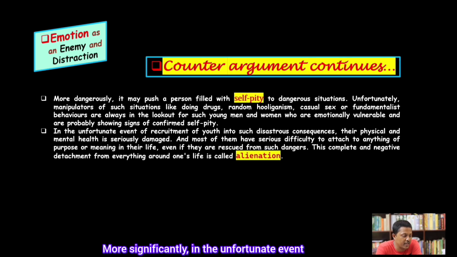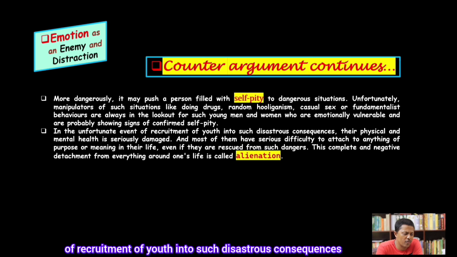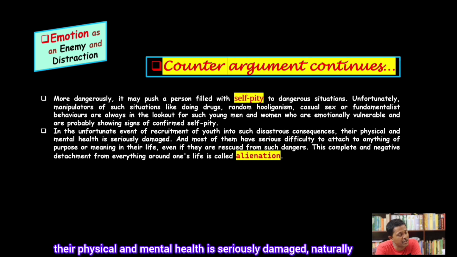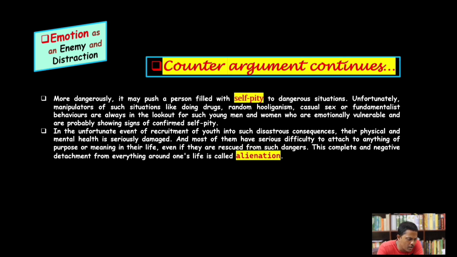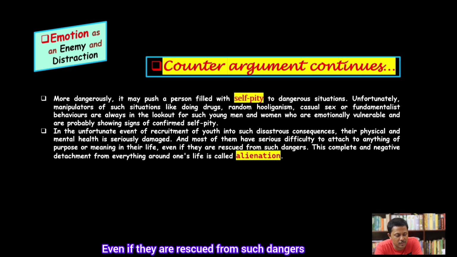More significantly, in the unfortunate event of recruitment of youth into such disastrous consequences, their physical and mental health is seriously damaged, naturally. And most of them have serious difficulty attaching to anything of purpose or meaning in their life, even if they are rescued from such dangers.